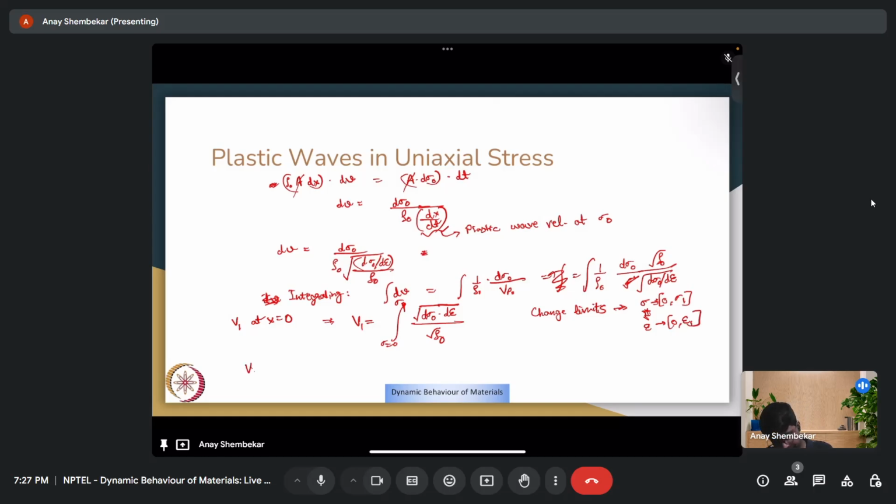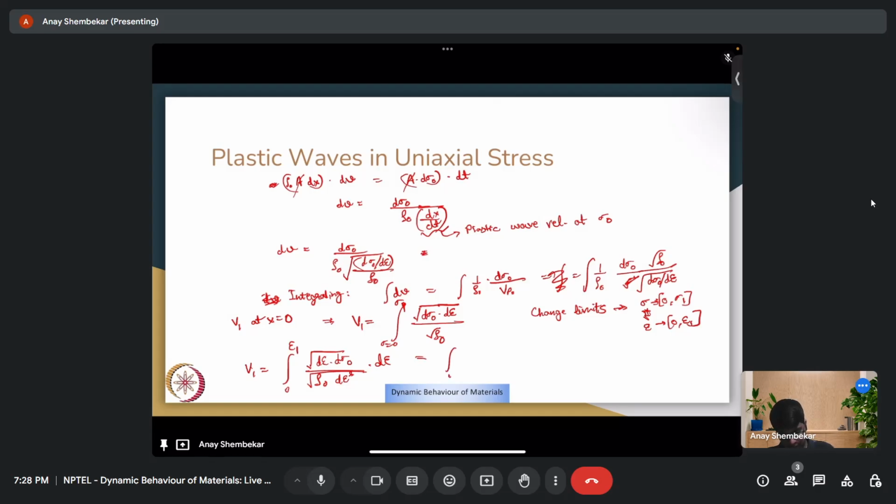So we can write V1 as the integral from 0 to epsilon 1 of the square root of d sigma naught by rho naught d epsilon, squared, into d epsilon.